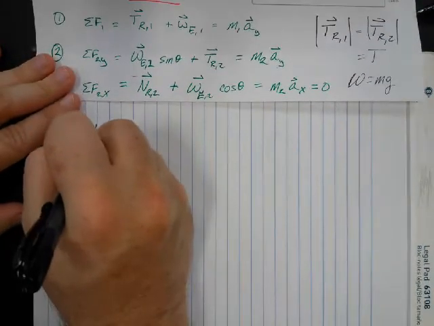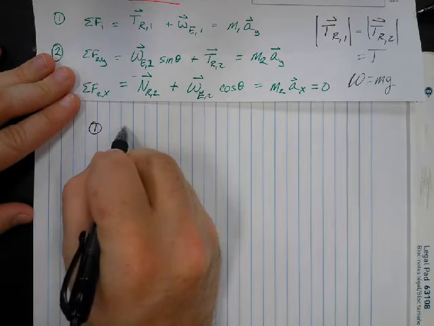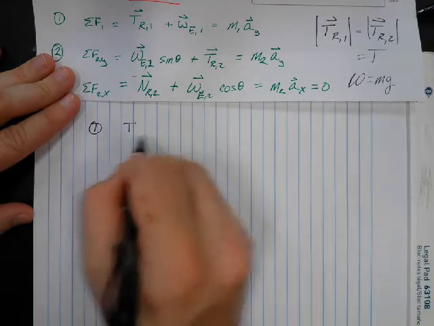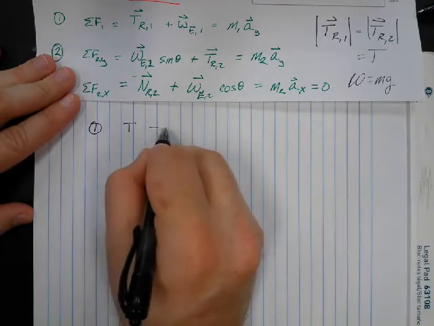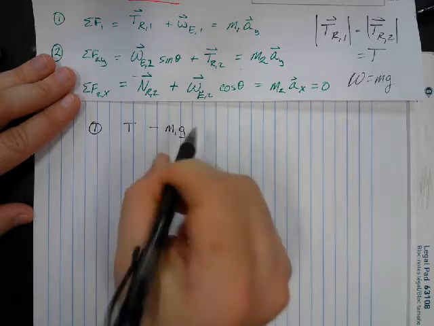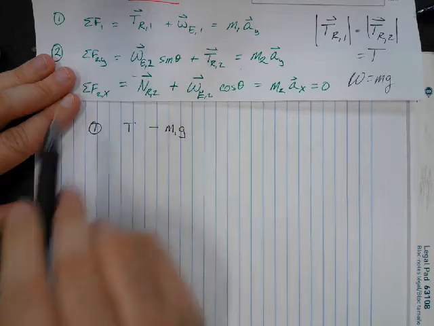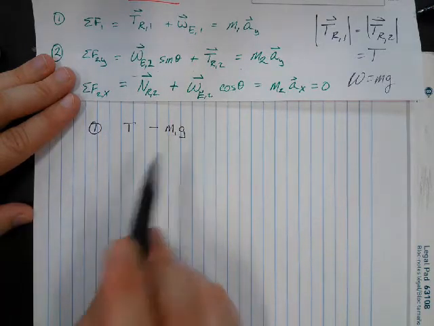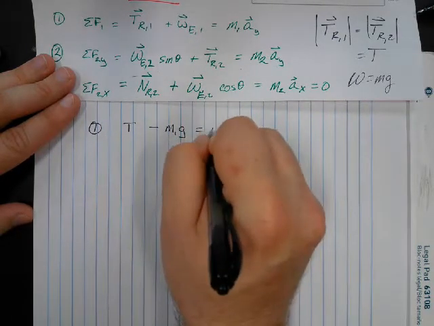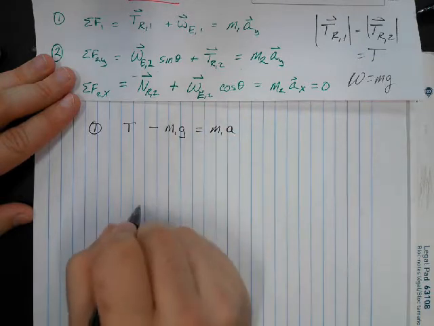For equation 1, we have the tension minus mass 1 times g. That's just replacing in what these things are, positive and negative here. And that's going to be mass 1 times acceleration.